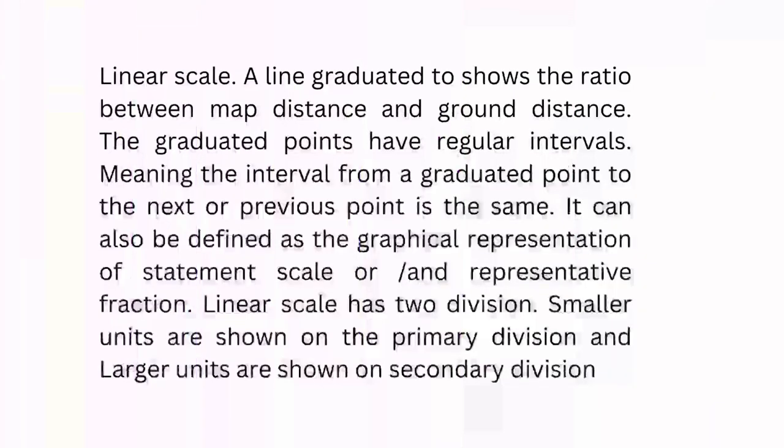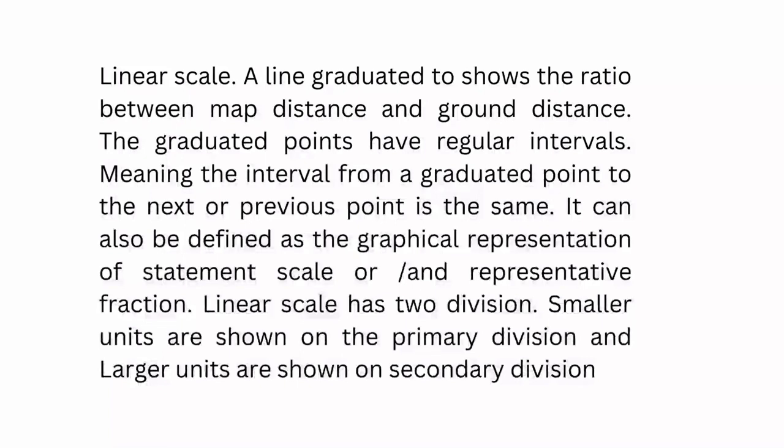The last type of scale we'll be talking about is the linear scale or the graphical scale. Linear scale can be defined as a line graduated to show the ratio between map distance and ground distance. The graduated points have regular intervals, meaning the interval from a graduated point to the next or previous is the same.